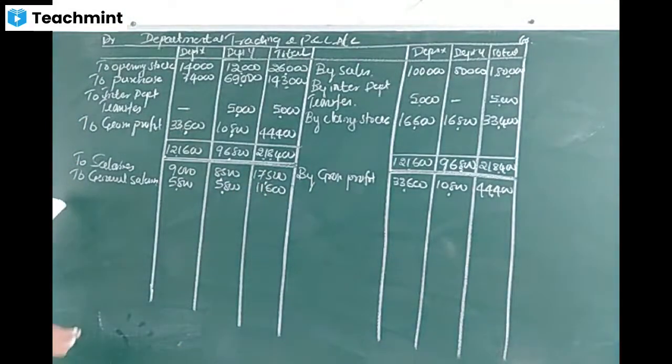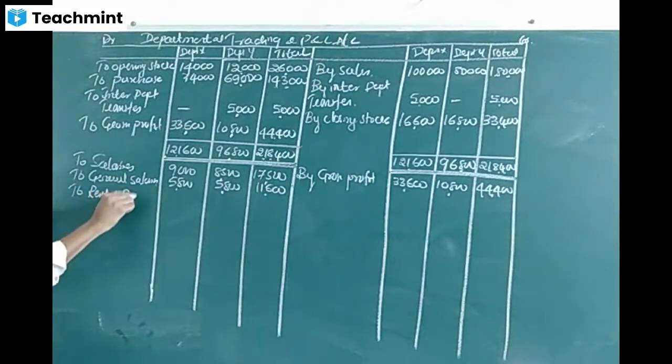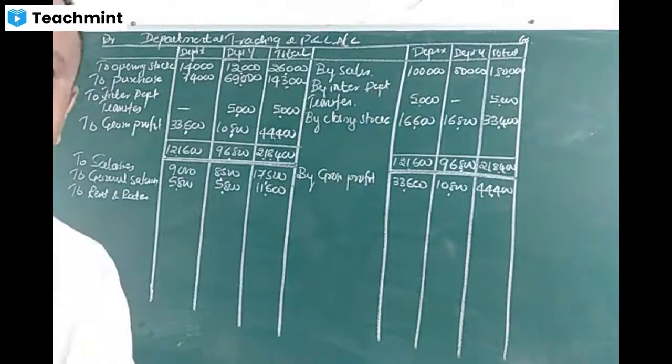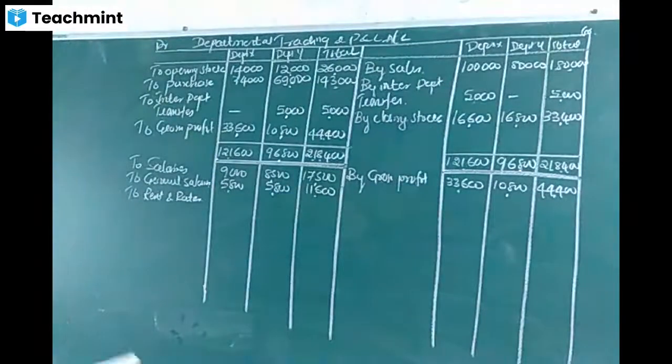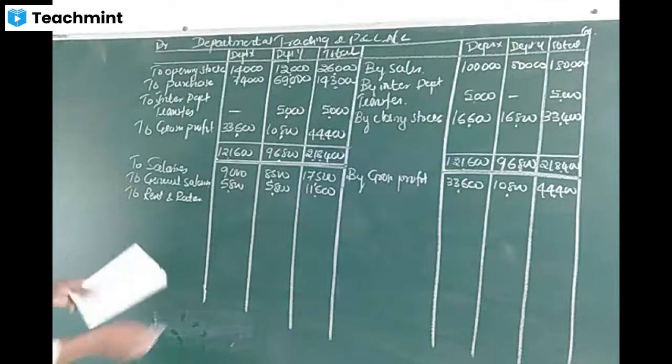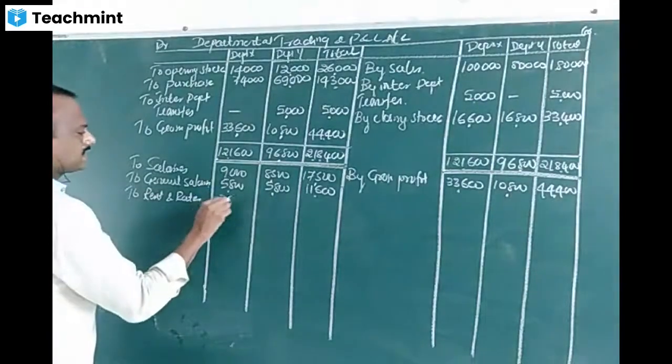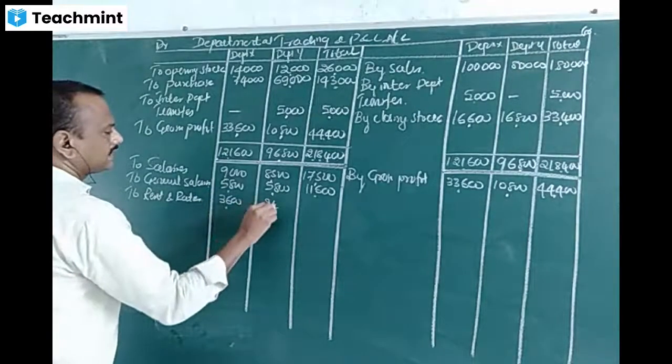After general salaries, next adjustment is rent and rates. Rent and rates also allocated. How much is it? 3,600 and 2,400.